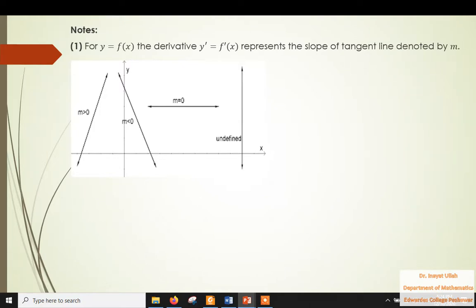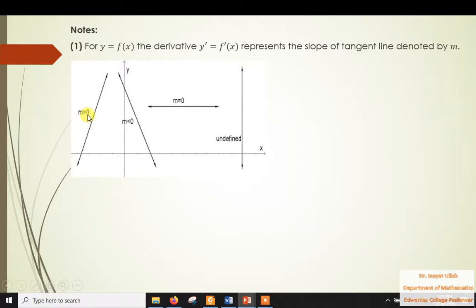So just look at this picture. We see here a line, and the slope of this line is denoted by m. This line makes an angle which is less than 90 degrees. When a line makes an angle less than 90 degrees, that angle is called an acute angle, and the slope of that line will always be positive, always greater than 0.